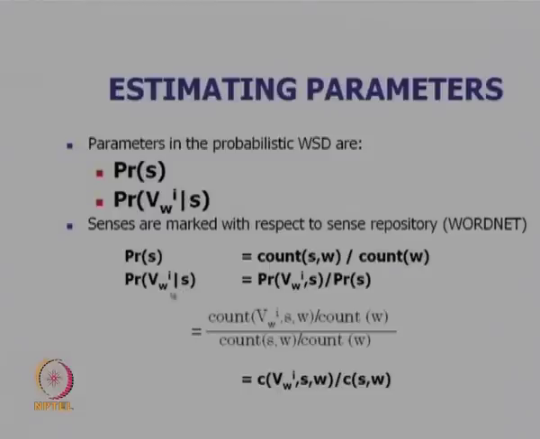On the other hand, the probability of V_Wi given S is equal to probability of V_Wi comma S divided by probability of S. So, this comes out to be equal to count of the feature, sense and W combination divided by count of sense and W combination.